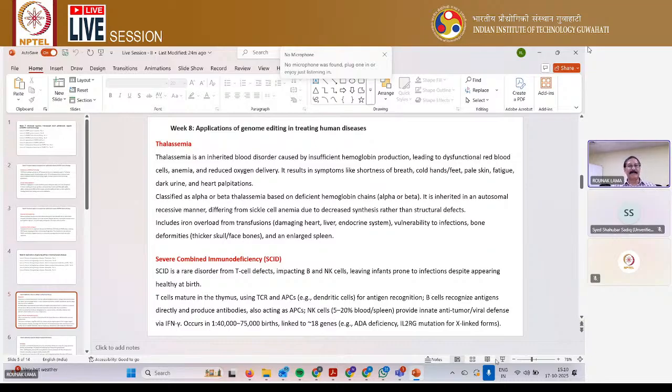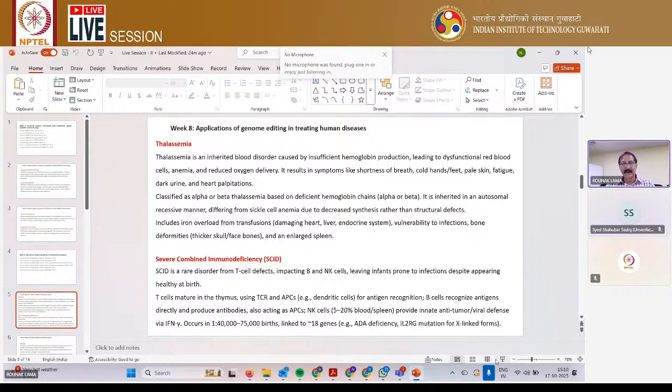We all know that thalassemia is an inherited blood disorder caused by inefficient hemoglobin production, leading to dysfunctional red blood cells, anemia, and reduced oxygen delivery. This results in symptoms like shortness of breath, cold hands or feet, pale skin, fatigue, dark urine, and heart palpitations. It is classified as alpha or beta based on the deficient hemoglobin chain.